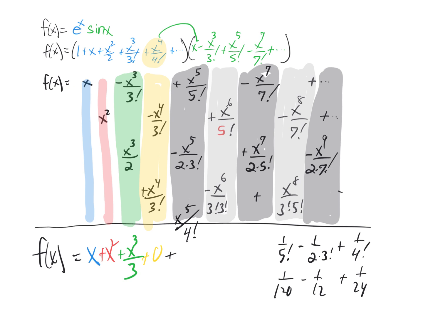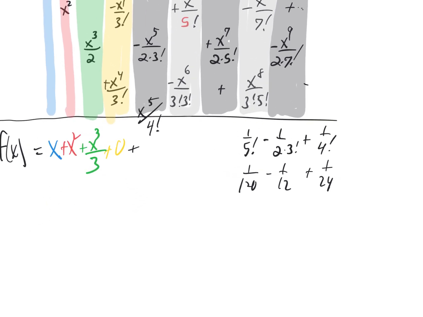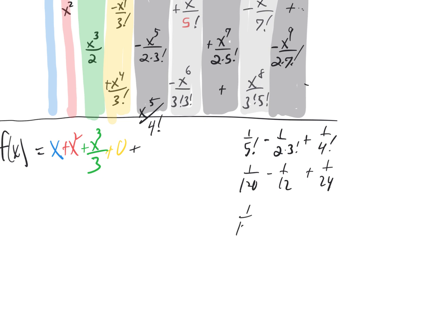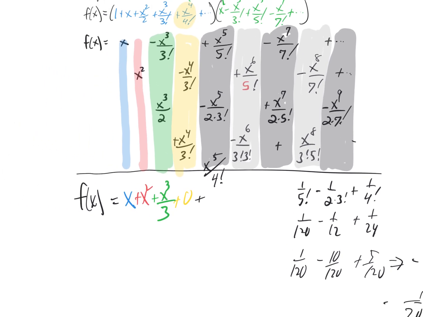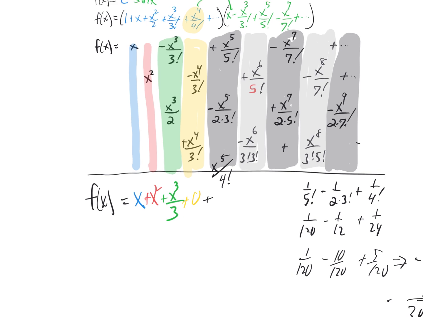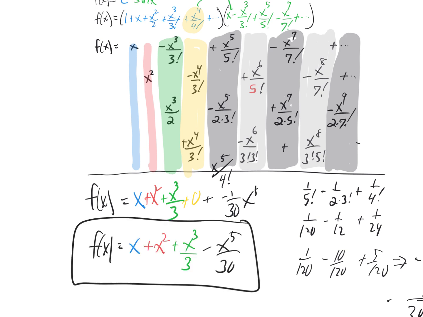So common denominators, 120. So the number of x to the 5th that we have is 1 minus 10 plus 5, which is negative 4 over 120, or negative a 30th. And there are the first 4 terms of function f.